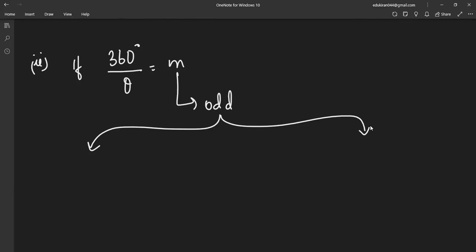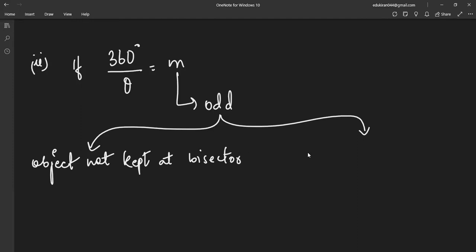So two cases: where the object is kept at the bisector and where the object is not kept at the bisector.